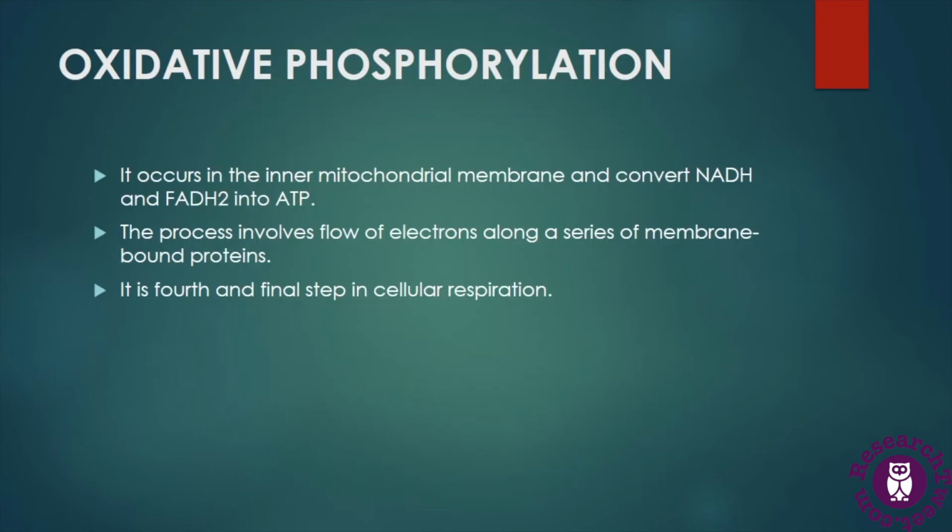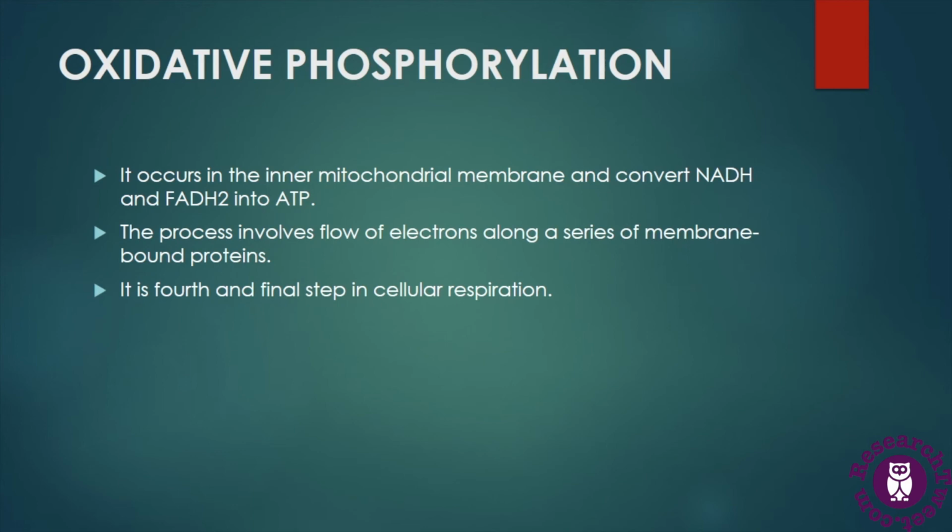The last step of cellular respiration is oxidative phosphorylation, and this process completes in the inner mitochondrial membrane. The process involves the flow of electrons which generates proton motive force, and it is called the electron transport chain. In the last 2 steps of the electron transport chain, the oxidative phosphorylation completes, and with the help of the enzyme ATP synthase, ATP synthesis takes place.